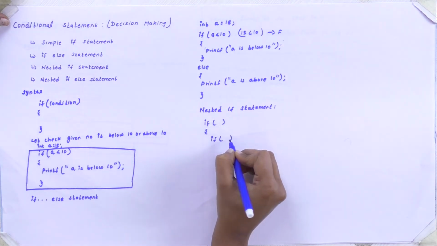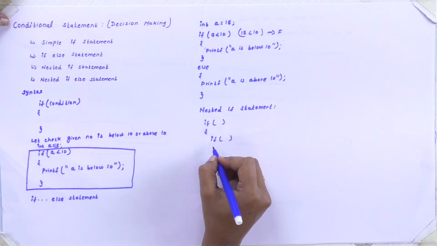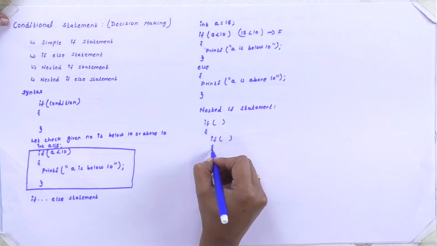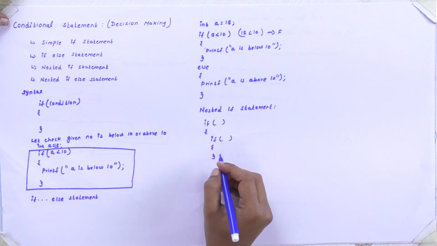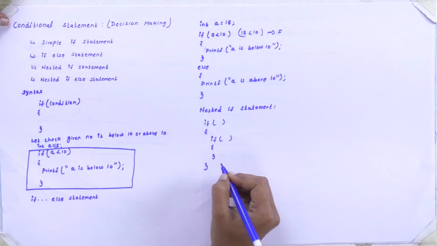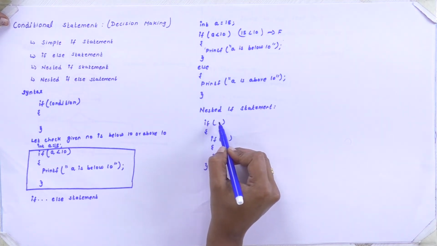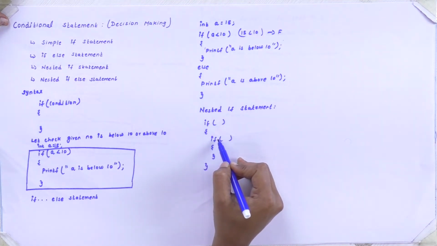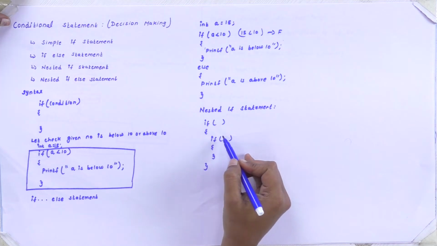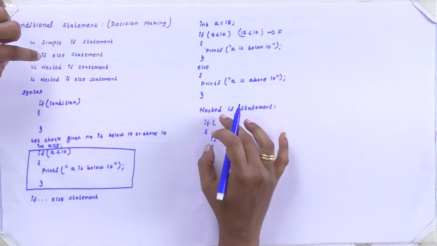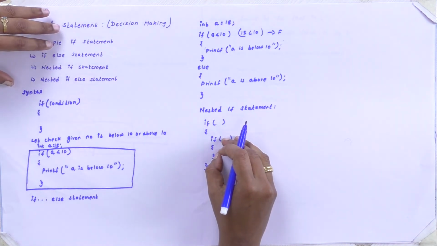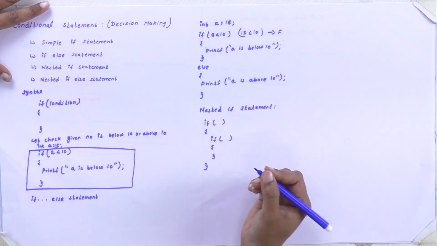It is called a nested if. So this is the syntax for it. Here, if followed by a condition, when the condition is true, again it will have another if condition. So that is called a nested if. One if condition having another if condition is called a nested if.